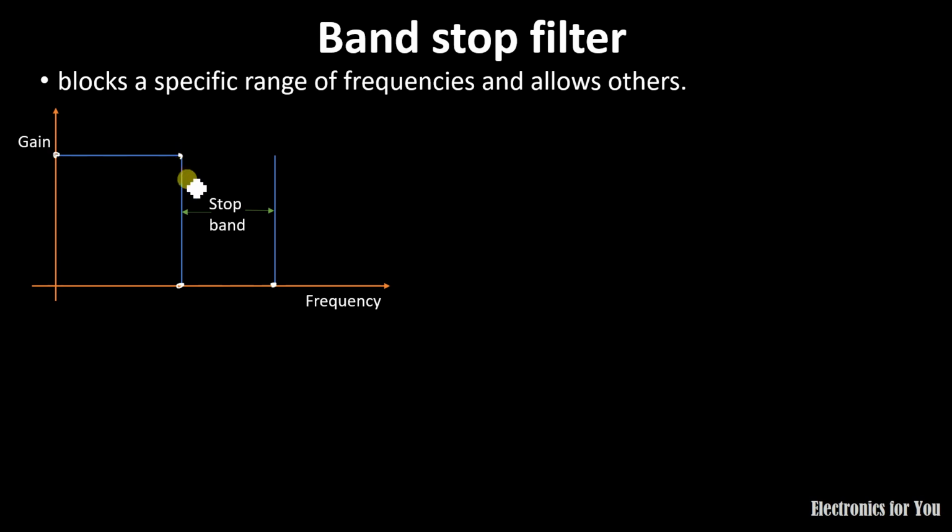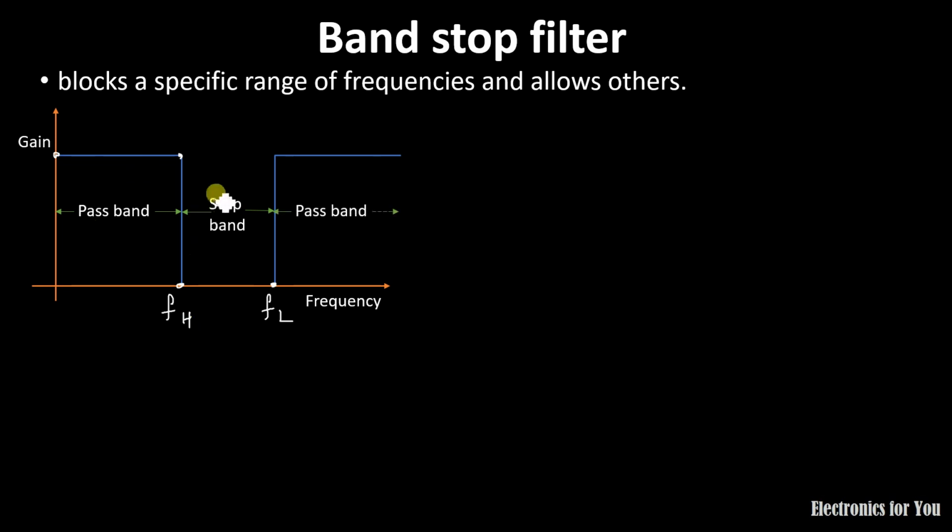Now you can see that this is the graph for the low pass filter, and the low pass filter has the higher cutoff frequency, that is FH, and this graph looks like the high pass filter, so it has the lower cutoff frequency FL. So again it has two frequencies.